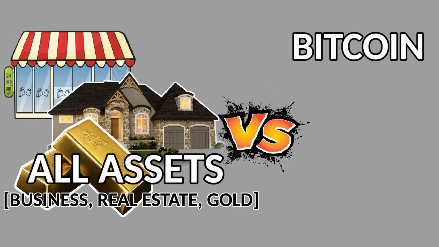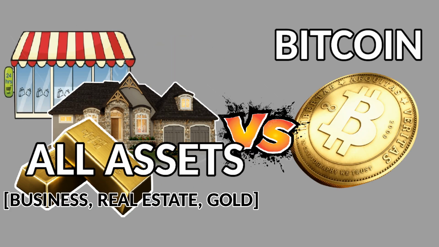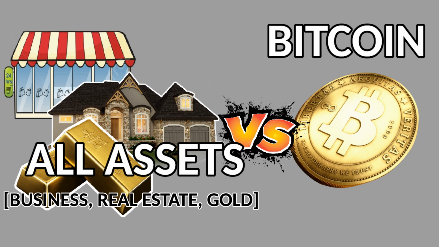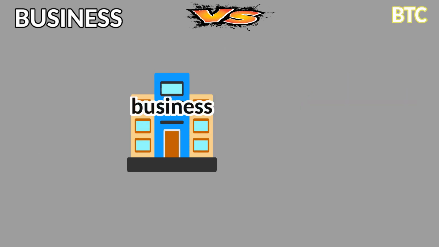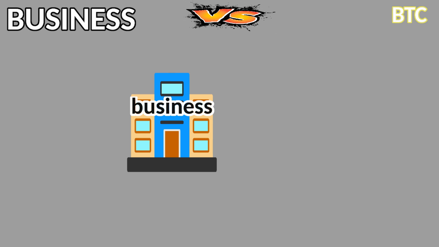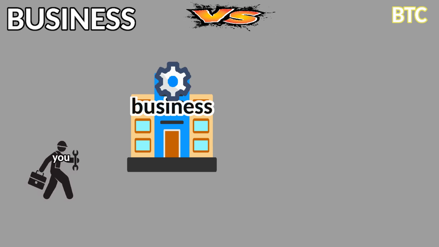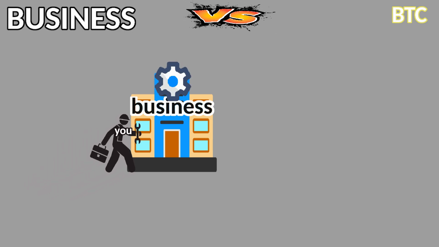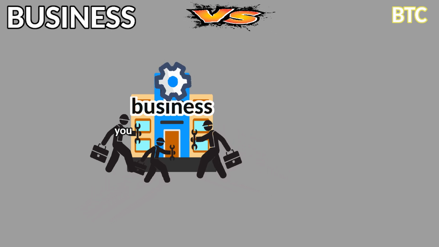Let's compare the old inflation assets versus Bitcoin. It's helpful to view a business as a machine that you fix and improve to provide you with money. It depends on how good you are and your team to improve it and to provide more money.